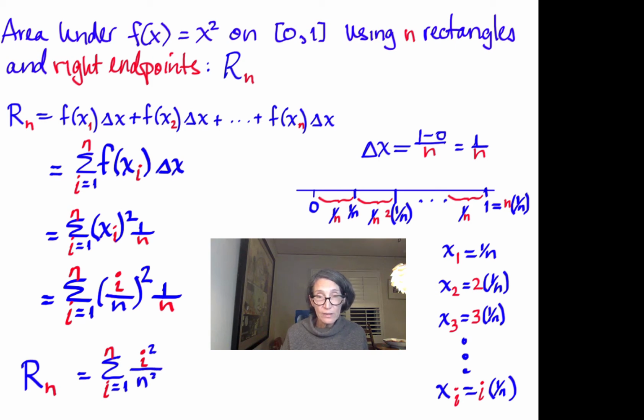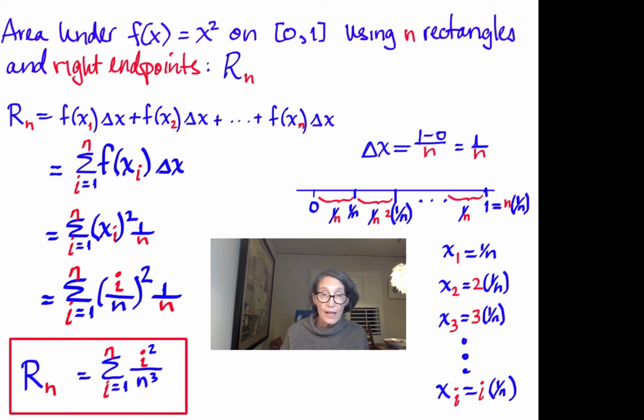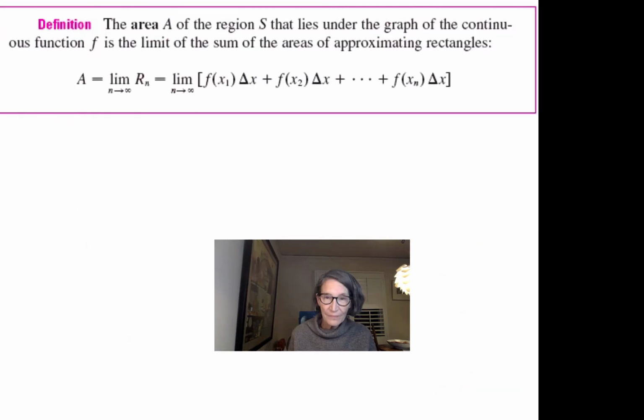So the denominator is just n to the third. So there's my Riemann sum, and that gives us a way to approximate the area under that curve using n rectangles and right endpoints. So now let's see how to get the exact area by taking the limit.